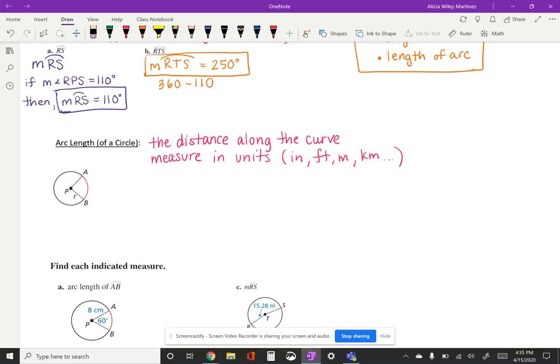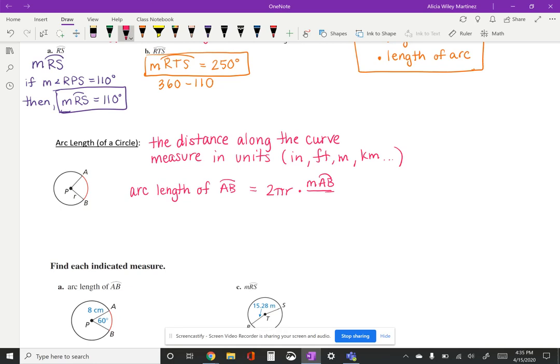So what we're going to do is use the equation for the arc length of whatever arc they're talking about. Let's say we're talking about arc AB. So the arc length of AB, for example, is going to be equal to 2 pi r times the fraction, the measure of the arc.